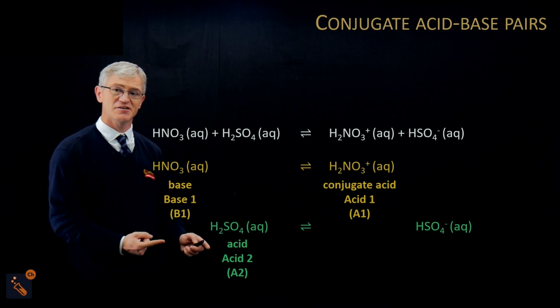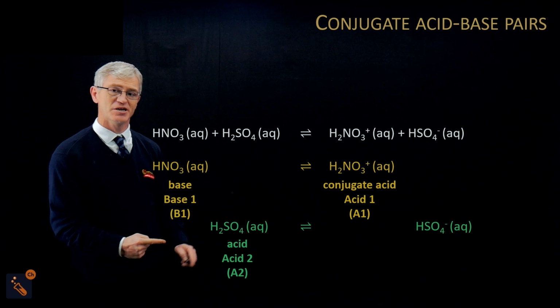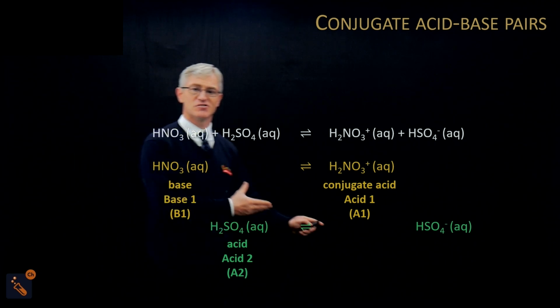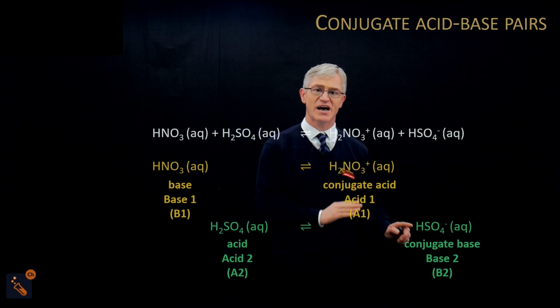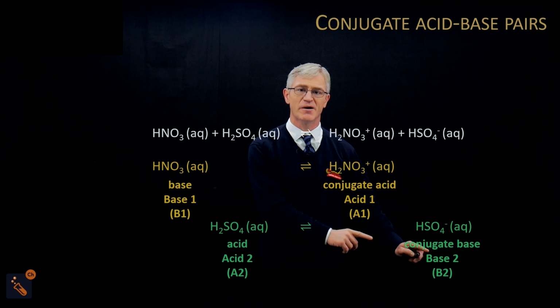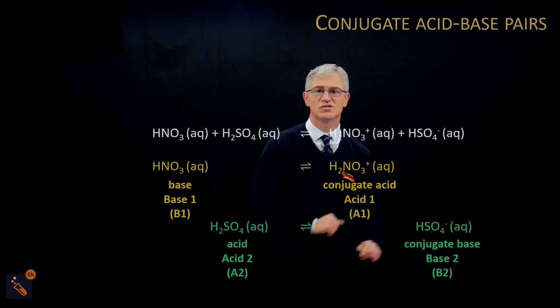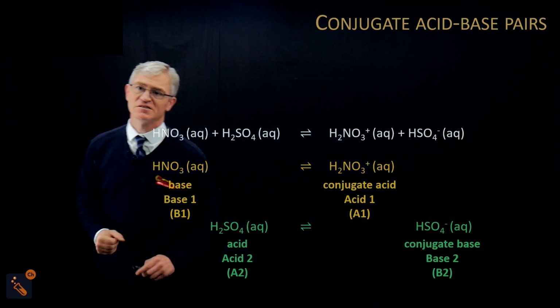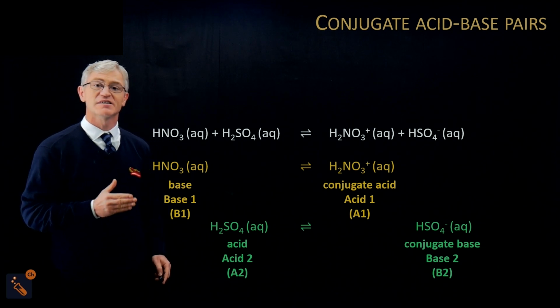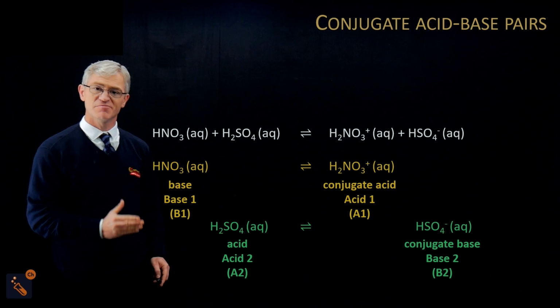It's because it's the second pairing, not the first pairing, it's the second pairing. And we label it with A because it's an acid. And then we go across here, and we label that as base, as our conjugate base to our acid. Okay, and we call that base 2, or in short, B2. So we've got conjugate acid-base pairs B1 and A1, and A2 and B2.